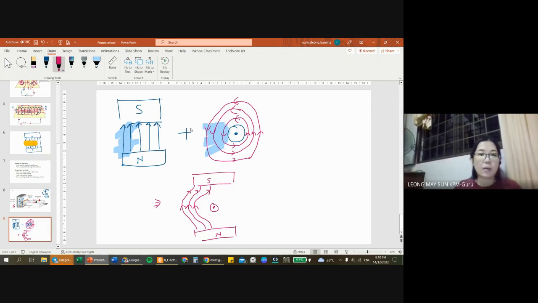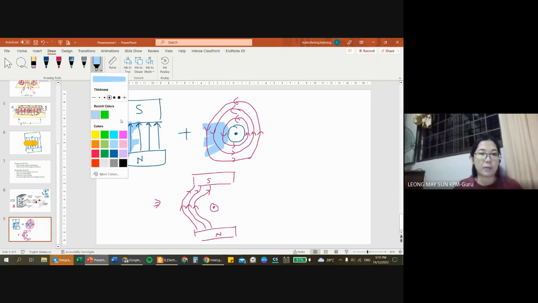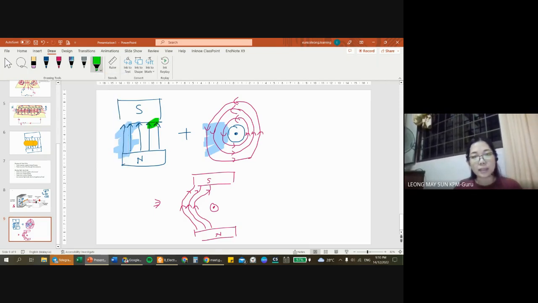Okay? And then we analyze the one on the right hand side. The right hand side is going up for the permanent one, and the right hand side for the wire is also going up. So because both are going up, therefore it will follow up.